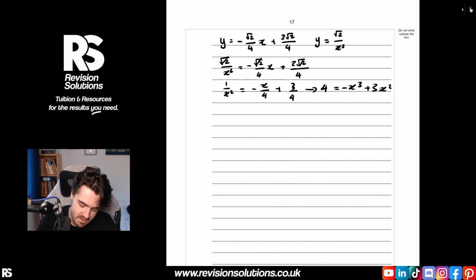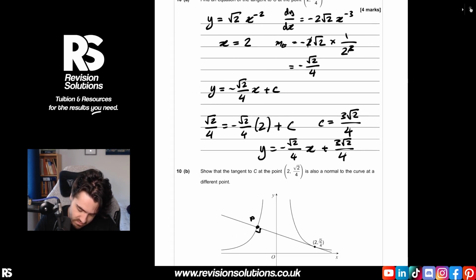To solve that, we're going to bring everything to one side and set the other side equal to 0. Bringing everything to the left, I would get x cubed minus 3x squared plus 4 equals 0, which would be a bit of a faff to solve, really. But we already know a solution, thankfully, because we're trying to find the intersection of the line with the curve, and we already know that there's a solution x equals 2, which would correspond to a factor of x minus 2 in our equation.